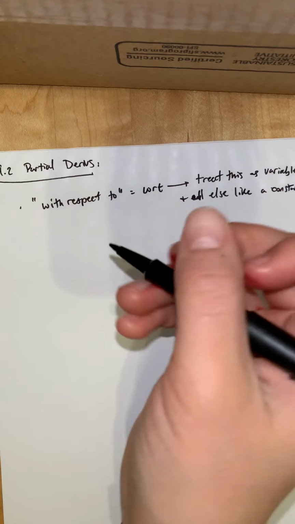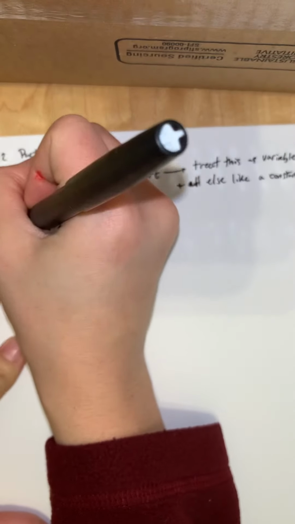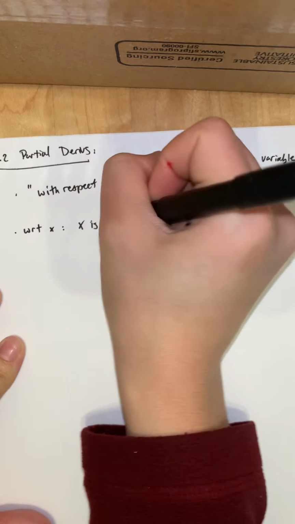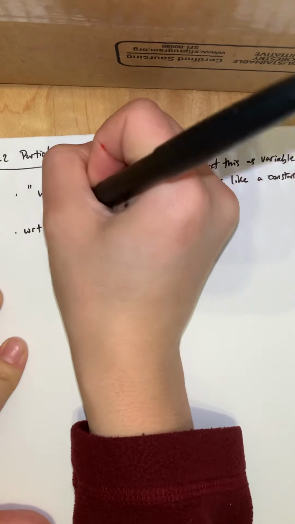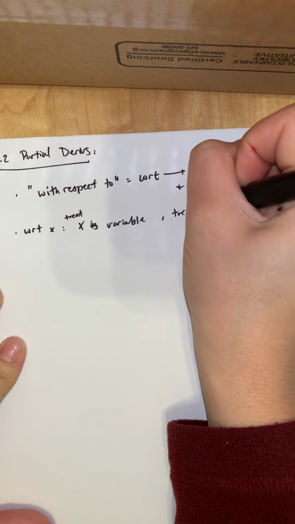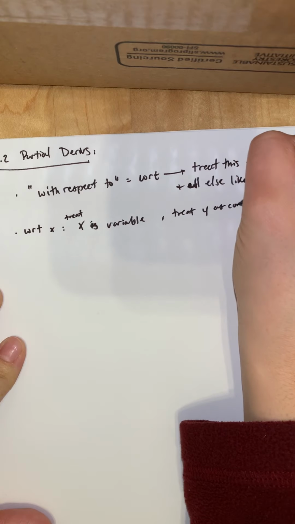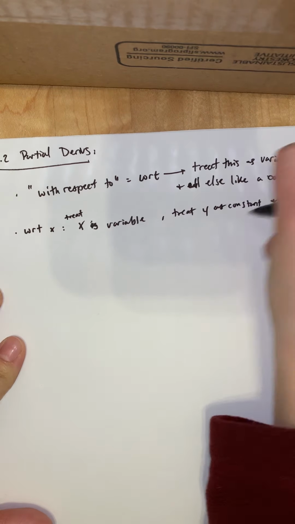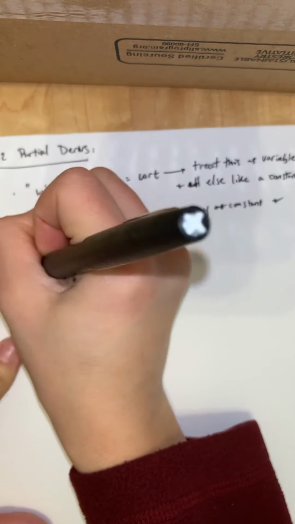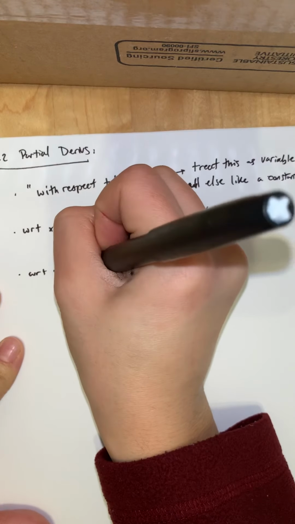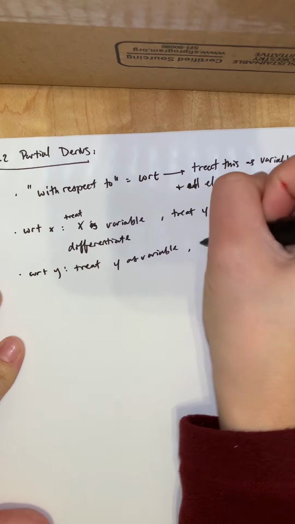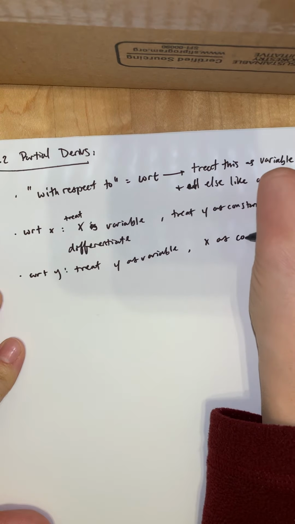More specifically, with respect to x means x is going to be treated as a variable, treat y as constant, and then, of course, we're going to differentiate. And then with respect to y again means treat y as variable and x as our constant.